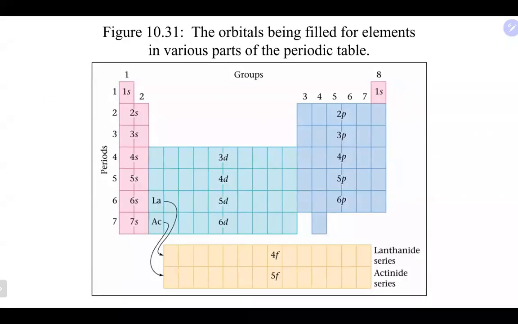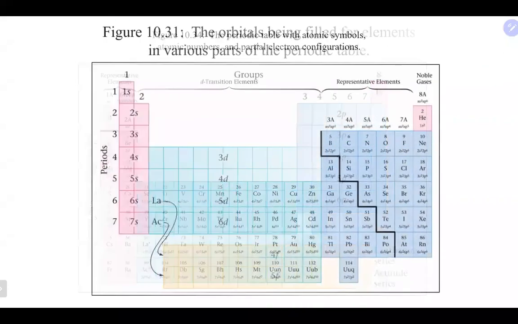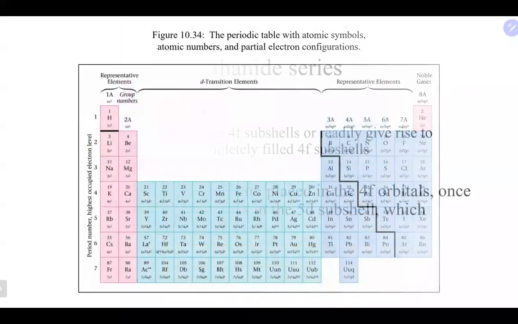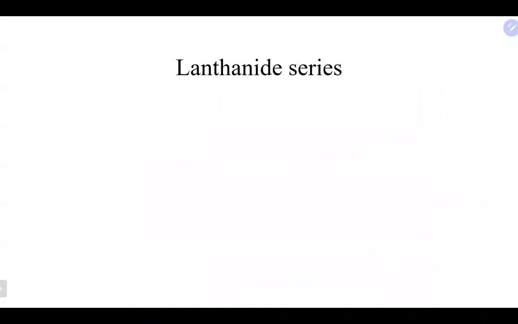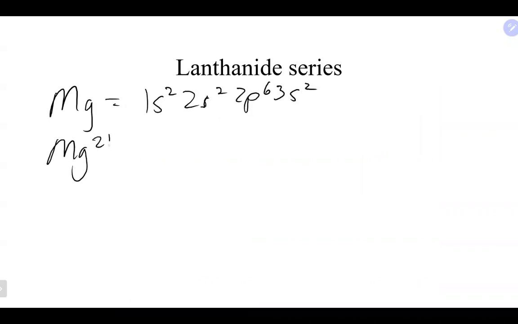Now, let's talk a little bit about what happens when things do get charges. So let's say we had our magnesium that we did earlier, which was 12. Now, if magnesium made a +2 charge, how many electrons would it have?